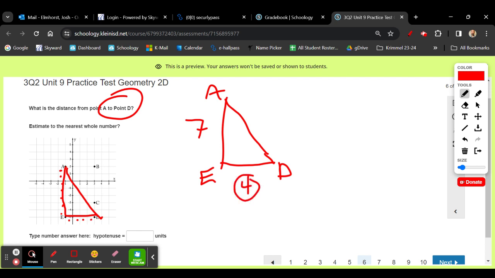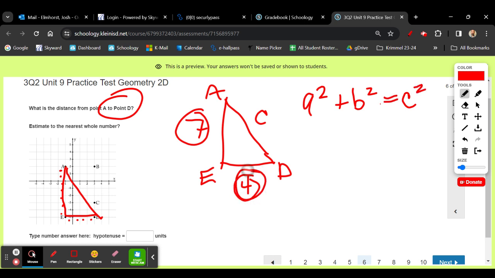So we got the small leg, the medium leg, and then we can call this side C, for a squared plus b squared equals c squared. Using the Pythagorean theorem, take the shorter leg here, we got 4 squared plus 7 squared is equal to c squared.